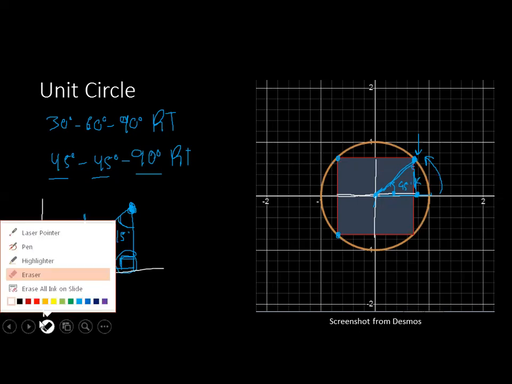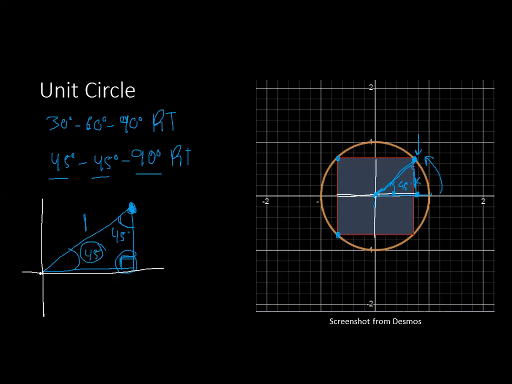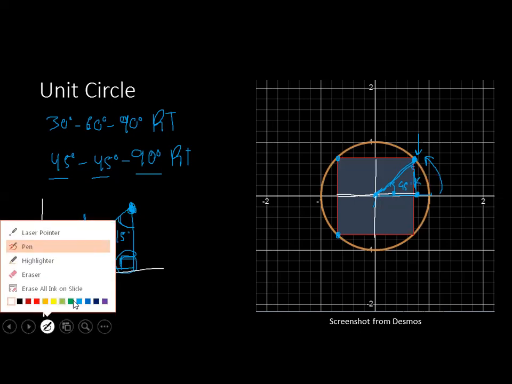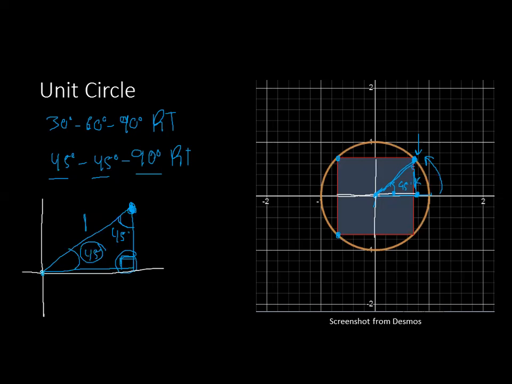First and foremost, the distance from the corner up to here is 1 unit, which is basically going from the origin to here.